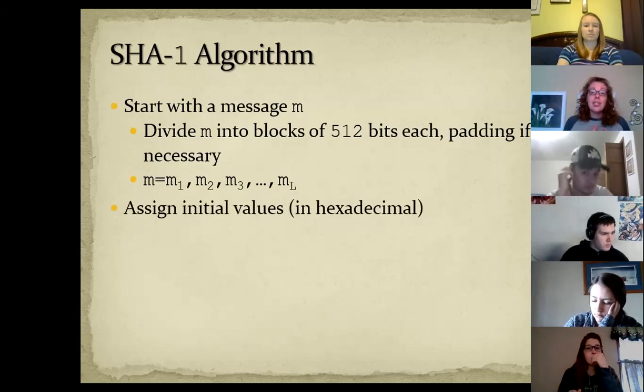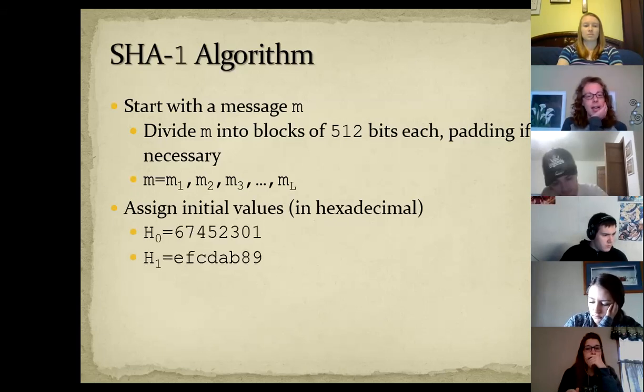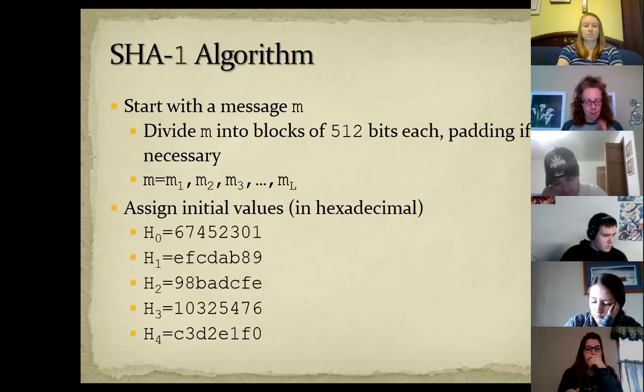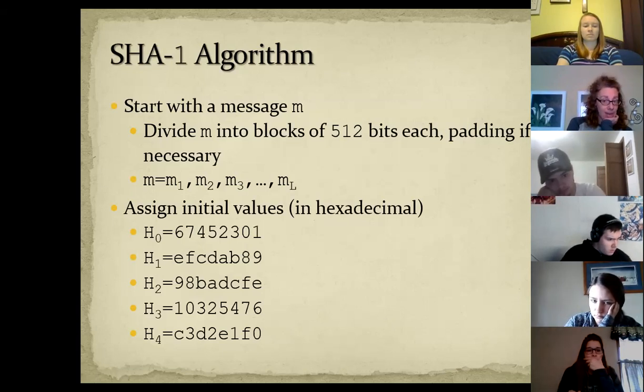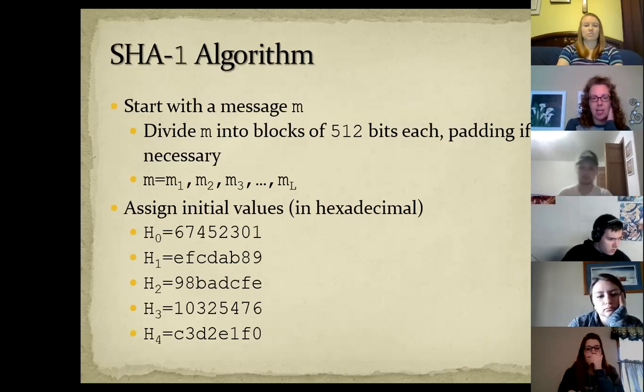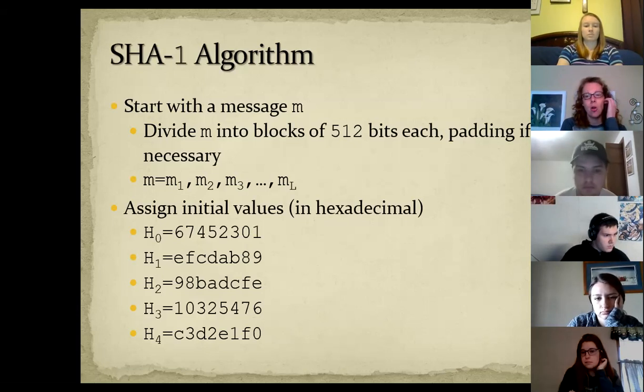We also need these things called initial values. These are my initial values in hexadecimal. There are 5 of them, H0 through H4. If you stare at them, they look less random than the constants I had previously, and you should be able to see some patterns. 6, 7, 4, 5, 2, 3, 0, 1.